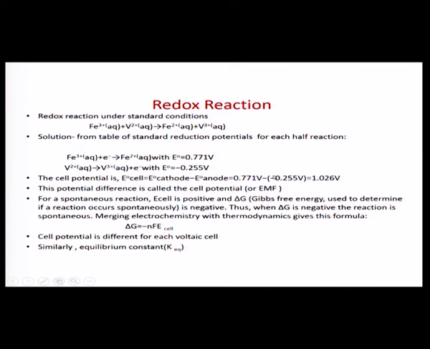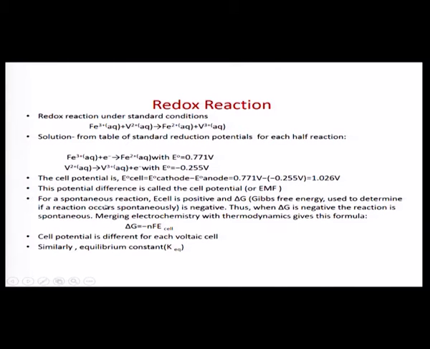So, if we put this together for this particular galvanic cell, the potential becomes 1.026 volts. This potential difference is called cell potential, also known as electromotive force, EMF, and since this value is positive, this reaction is definitely spontaneous.